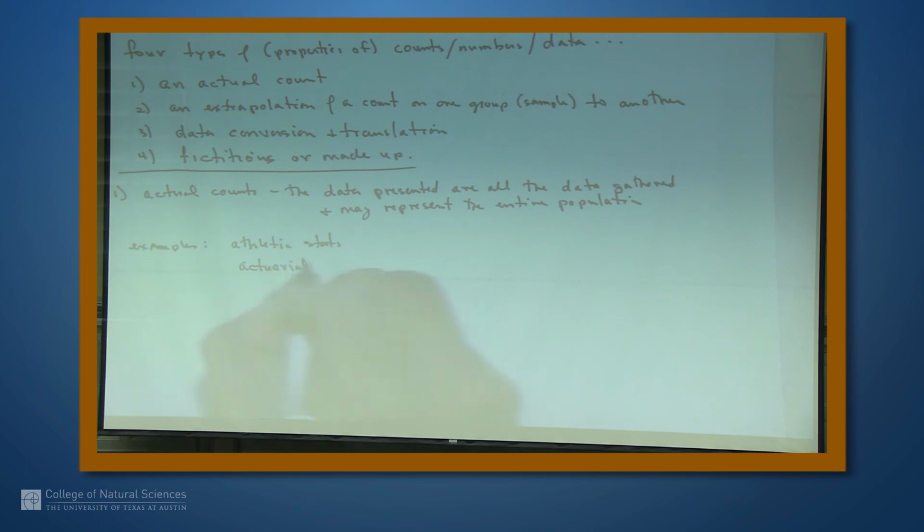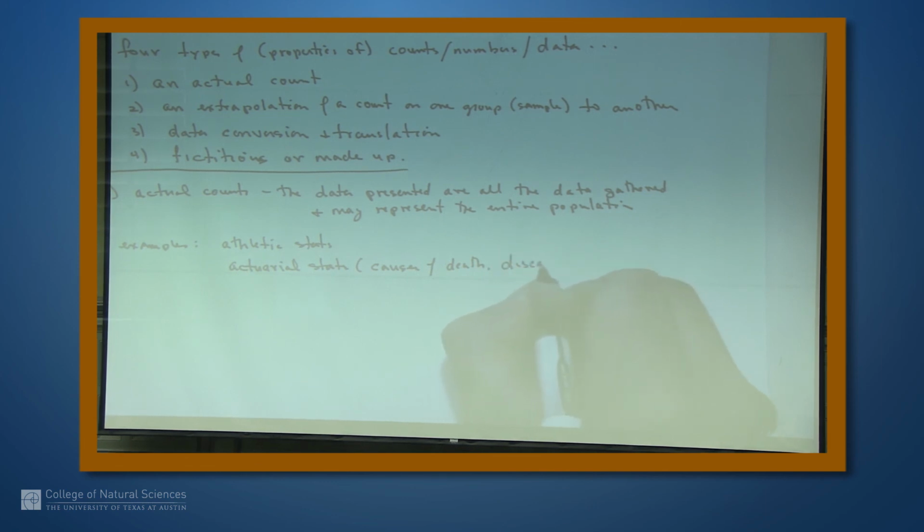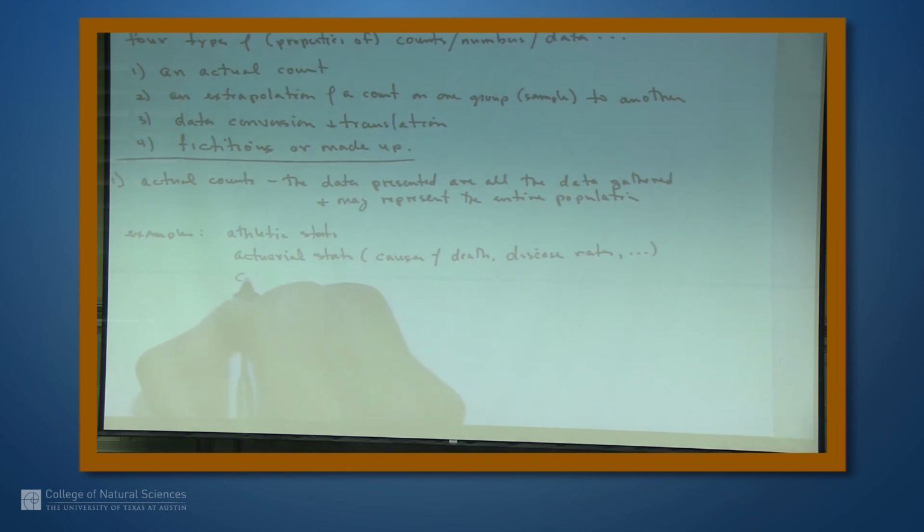Actuarial stats, which could include causes of death, disease rates, etc. Again, we may have these for an entire country. Not perfect, right? But I'm just saying that that's the nature of it, this is everyone as best we can tell. And I guess the census falls under this.